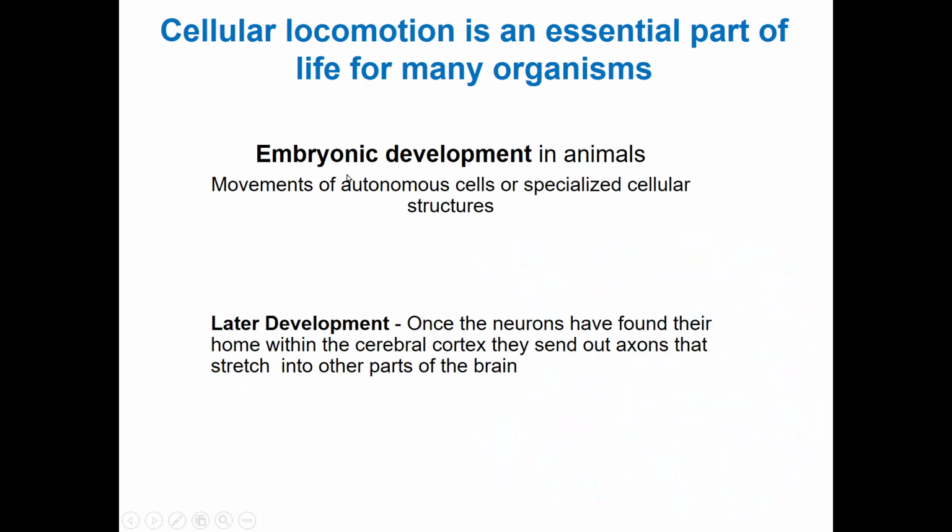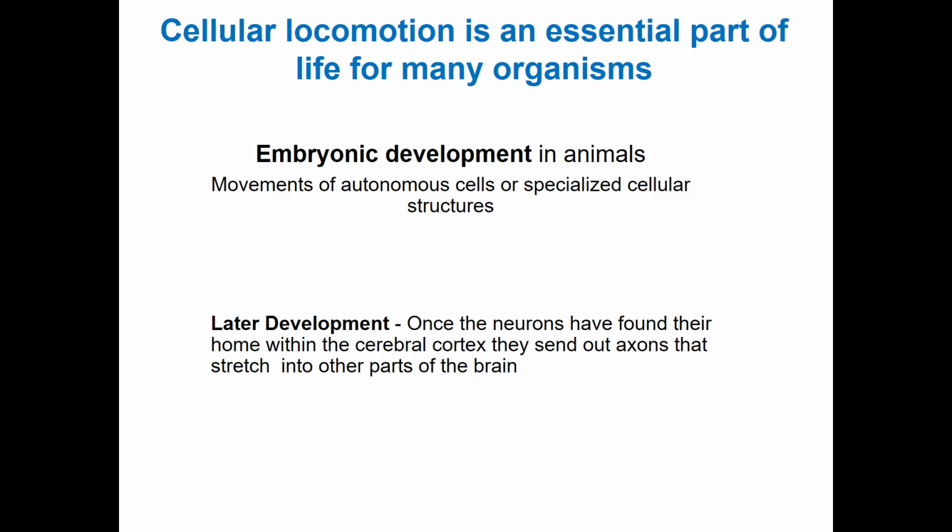On the other hand, in embryonic development in animals, including humans, movement of autonomous cells or specialized cellular structures is essential, because when embryonic development takes place, cells differentiate into different organs. Specific organ development occurs with specific cells, and later, once the neurons have found their home within the cerebral cortex, they send out axons that stretch into other parts of the brain.